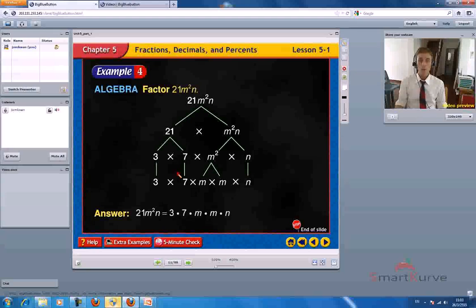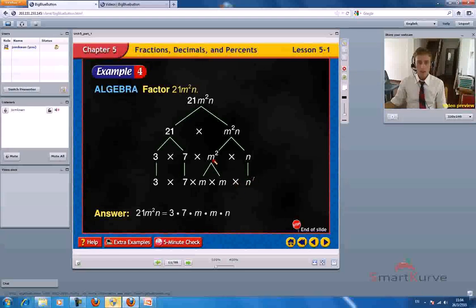Factor 21m squared n. First, separate them. So separate the number from the variables. So we have 21 times m squared n. 21, you can't divide it by 2, but you can divide it by 3. So 3 times 7, m squared n, separate those again. M squared times n. N is the prime factor, the prime number.